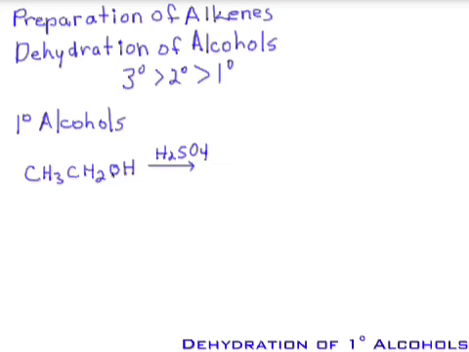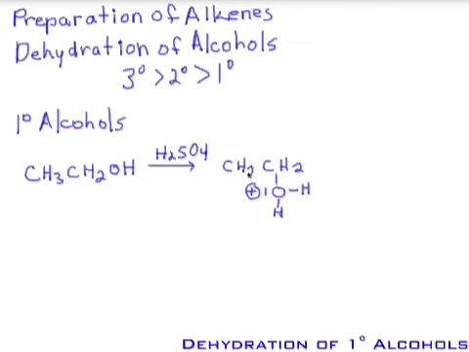If we went E1, when we protonated and got a good leaving group, and then that leaving group left to make a carbocation, we'd get a primary carbocation. Primary carbocations are too high energy. They're too unfavorable. And so this reaction does not go E1.